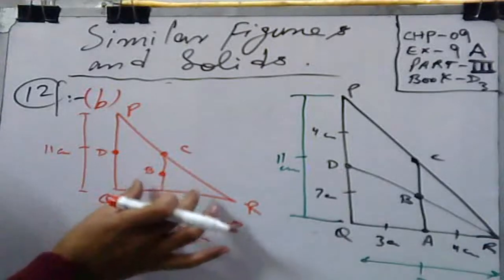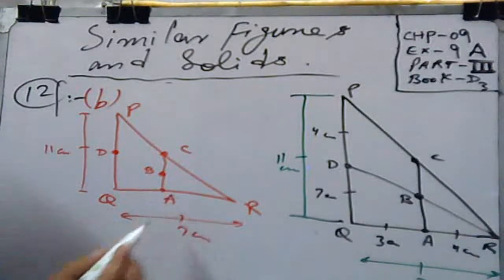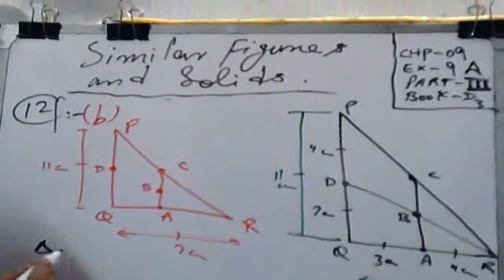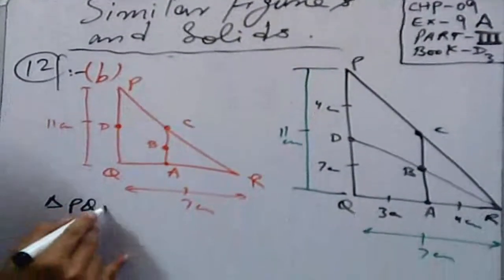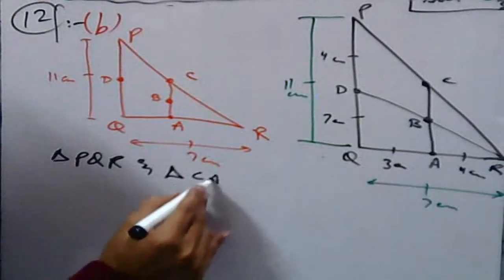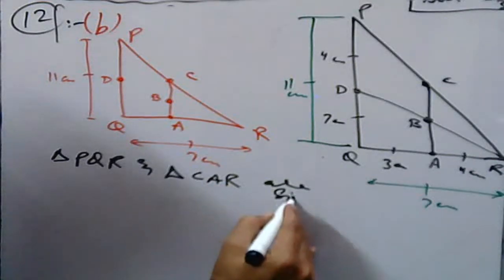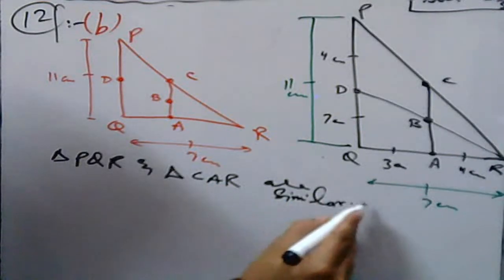So if you take the bigger triangle, in the vertical portion this point is your A. Since we have similar triangles, triangle PQR and triangle CAR are similar.